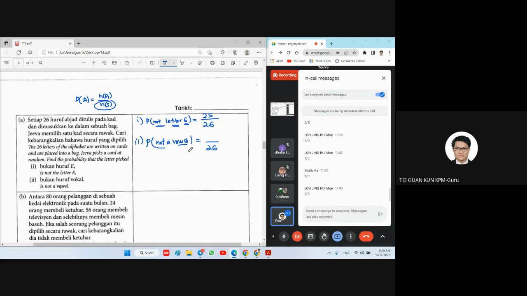How many vowels are there? 5: A, E, I, O, U. So there are only 5. So how many are not a vowel? 21. So the answer is 21 over 26.